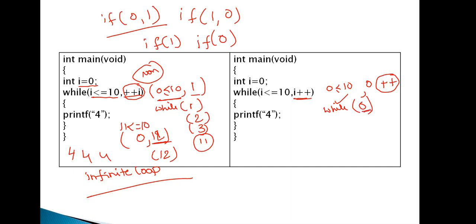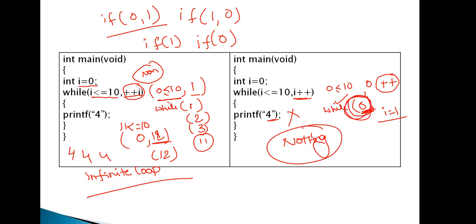While of 0 means the condition failed. So this statement is not executed, and then the i value is incremented by 1. But here we are printing the value 4. So what is the output? Nothing is printed. Why? In the first iteration itself, the i value is equal to 0. i value equal to 0 means condition fail. Condition fail means we are not entering into the while loop.